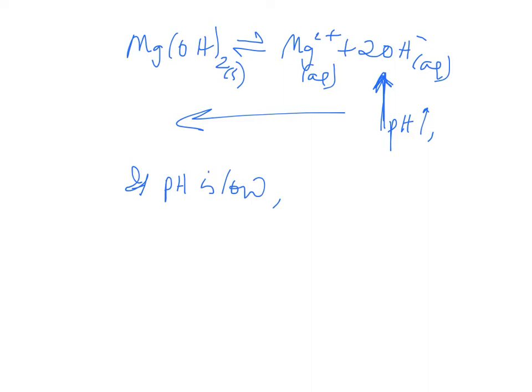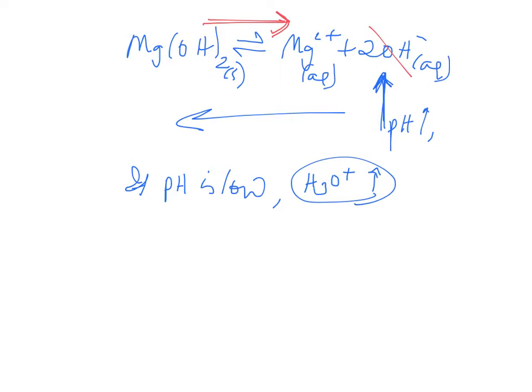On the other hand, if the pH is low, then the concentration of the hydronium is going to be high, and that is going to use up the hydroxide. That means more and more magnesium hydroxide will have to dissociate, and it will drive the reaction to the right. Consequently, the solubility of magnesium hydroxide in an acidic solution is higher than in a pH neutral or a basic solution.